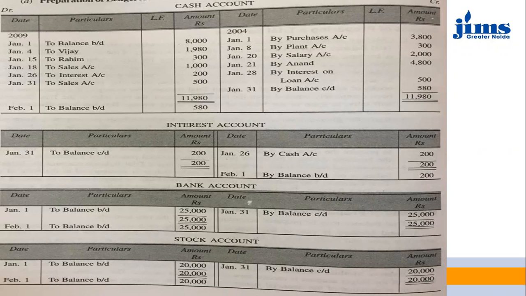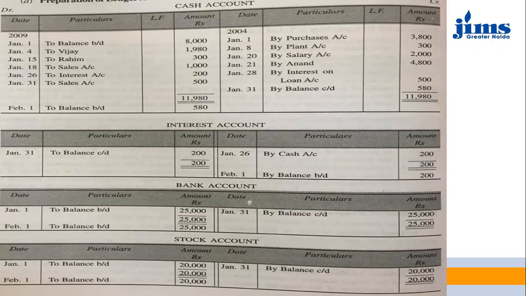For that, we'll take up the cash account first, and the way we balance the cash account, in the same way we have to balance all the ledger accounts that we have prepared for the journal entries. In the cash account, you can see that from 1st January till 31st January, all the cash related transactions are finally posted.